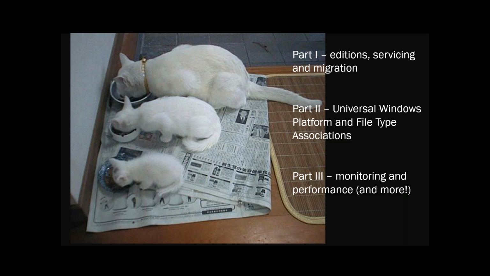For part 1, I talked about editions, servicing and migration, which were the biggest changes you were likely to notice in Windows 10 as an administrator, architect or consultant. With part 2, I concentrated more on some particular pain points that we'd seen within Windows 10 deployments that we'd done.